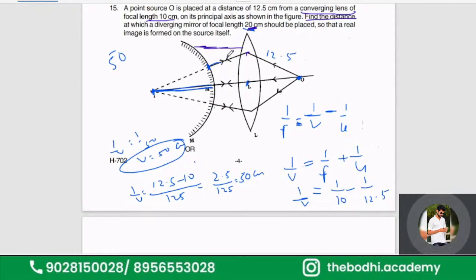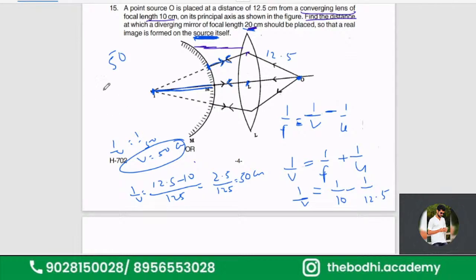And if you can see the arrow, the light is coming back in the same direction, because the image has to form exactly at the same place. The question is why the rays are like this: because the image is to be formed on the source itself. Wherever we have the object, on the same side we should get the image. That's why these rays are going backwards. Understood? I hope this is clear.